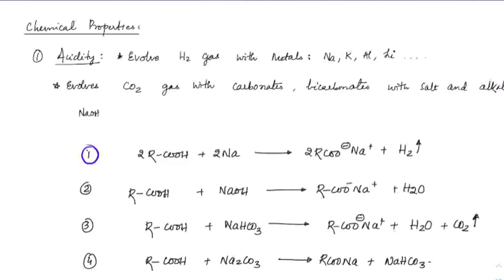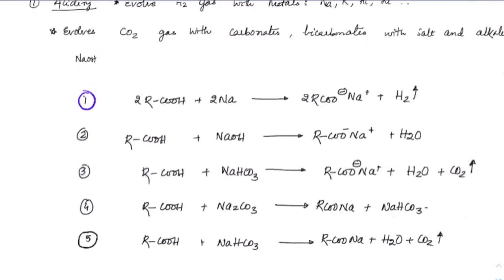Right? If you see the reactions, RCOOH, when you react with Na, it would form RCOONa, and H2 gas evolves. With NaOH, it will only have acid-base reaction, so salt and water will be formed. With bicarbonate, this H2CO3 which is formed will give an effervescence of carbon dioxide.